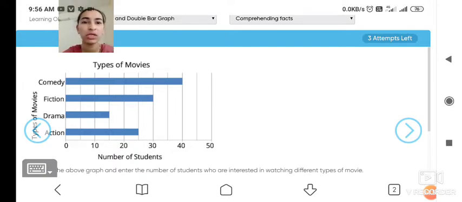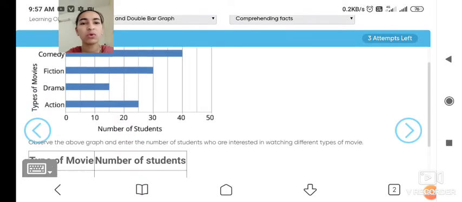So we are taking only 10, 20, 30, 40 and 50, and one line here indicates 5, because the second line is 10, so the first line should be 5. 0, 5, 10, 15, 20, 25, 30, 35, 40. The biggest number here is 40, because for comedy the number of students is 40.